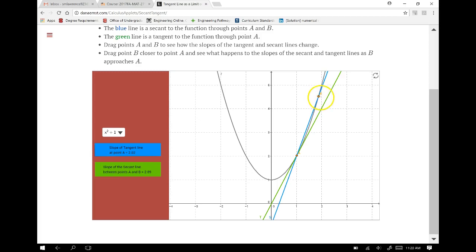And as we drag that second point closer and closer and closer to the goal point, the secant line eventually gets closer and closer and closer to the tangent line. And it doesn't matter whether it approaches from the left, it'll get closer and closer to the tangent, or if it approaches from the right, it'll get closer and closer to the tangent.